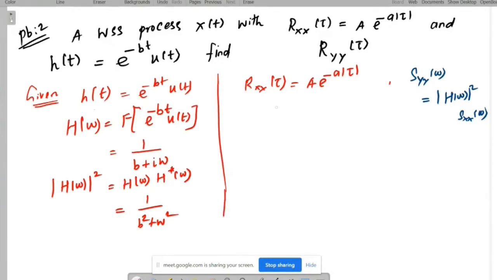Next one is, I am going to find S_xx of omega. So same formula as in the previous problem I'm going to use. So from that, you may get a into 2a divided by a square plus omega square if you apply the Fourier transform of this part, right? So better I'm writing briefly.